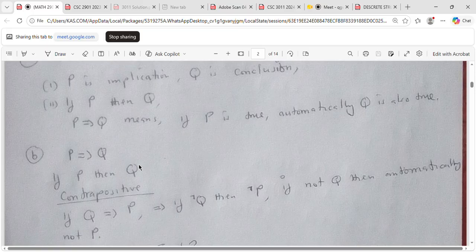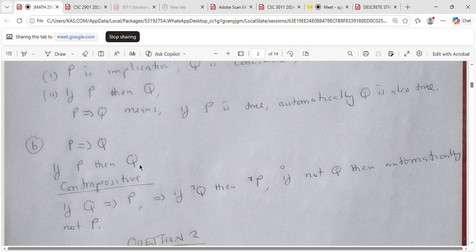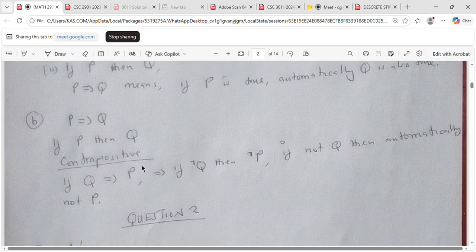Question B, define contrapositive. I think we resolved that there was some mistake on B. Contrapositive: basically, P will become Q and Q will become P. It's just fine.